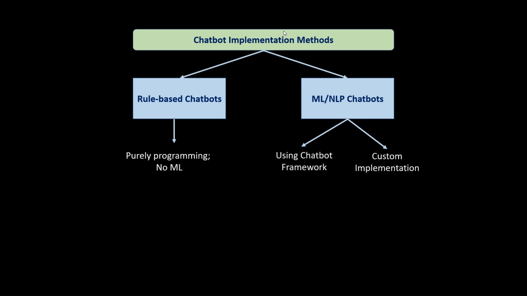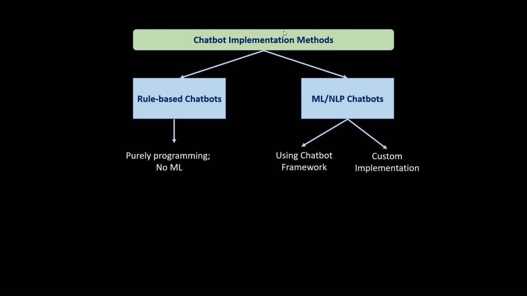Coming to the NLP chatbots, you have the option to use a framework or implement a custom solution. Two methods or strategies are there. These chatbots use natural language processing techniques to understand and generate responses to the user input. Frameworks like TensorFlow, PyTorch, and NLTK offer pre-built tools that handle NLP tasks.